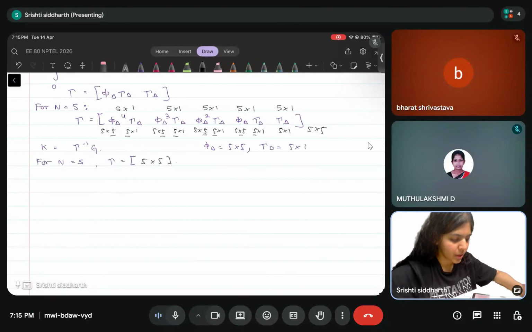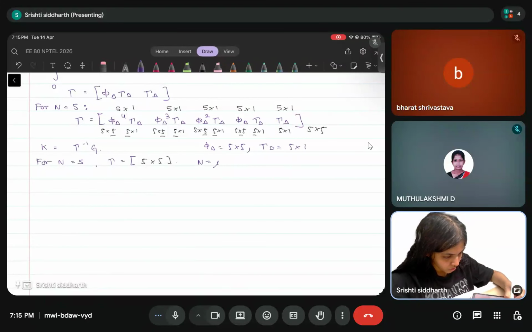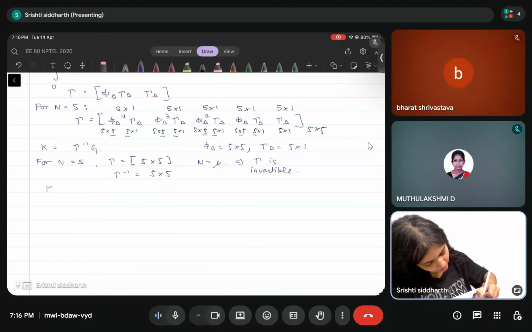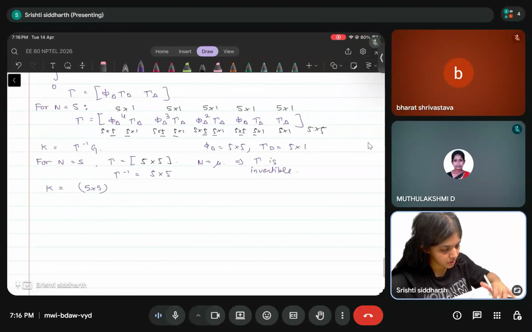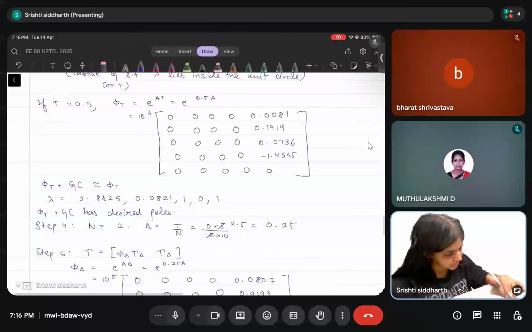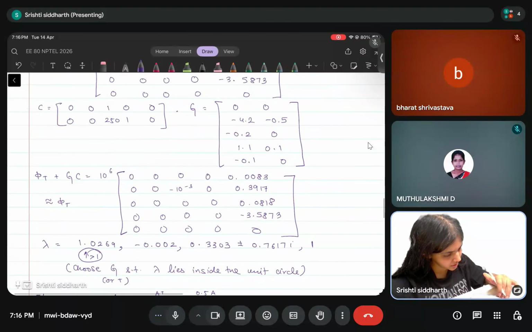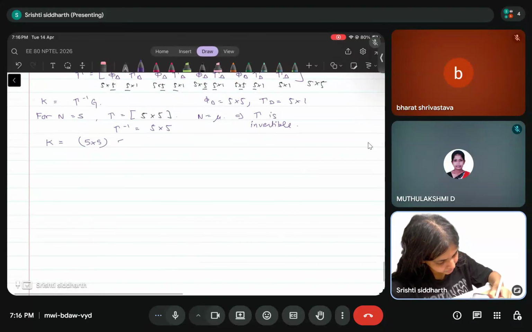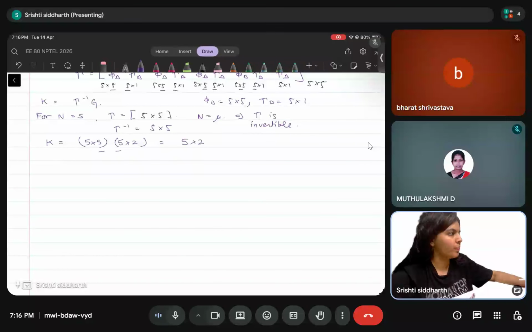And then we have also assumed that n is minimal, which implies that gamma is invertible. So we can compute gamma inverse. Gamma inverse is also going to be a 5 by 5 matrix. Then let's see what's the dimension of K. So this is 5 by 5 and G is, I think, 5 by 2.